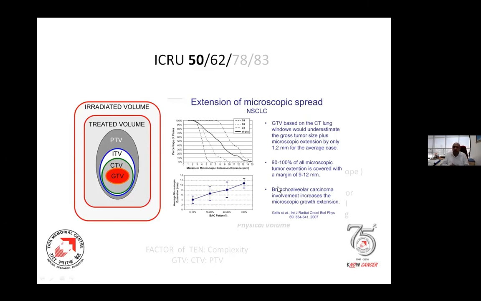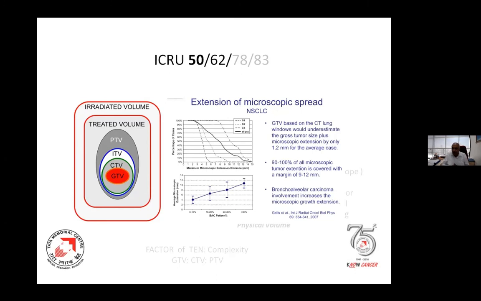So if you take a lung tumor of reasonable size and draw a CTV envelope of nearly 12 mm, you will be reasonably assured that you have taken care of all the microscopic disease around it.